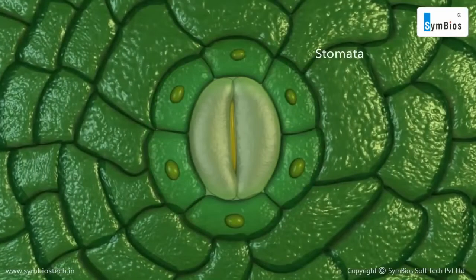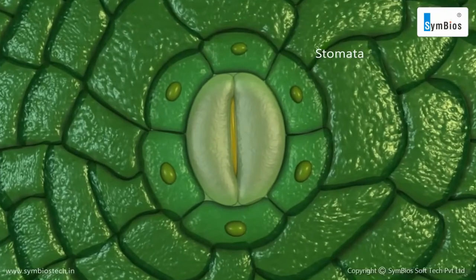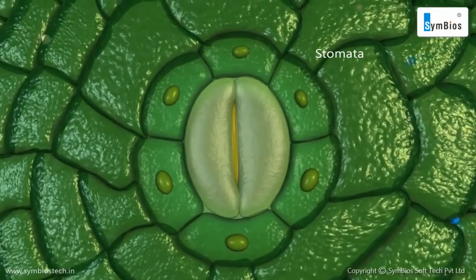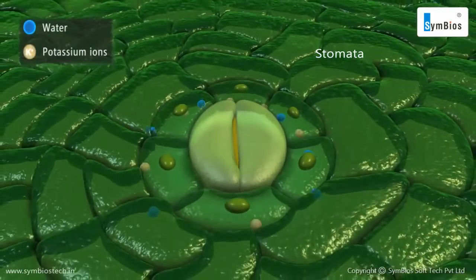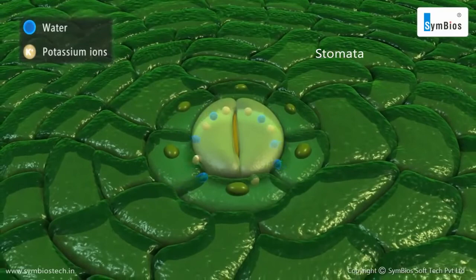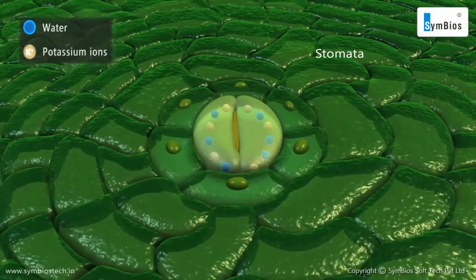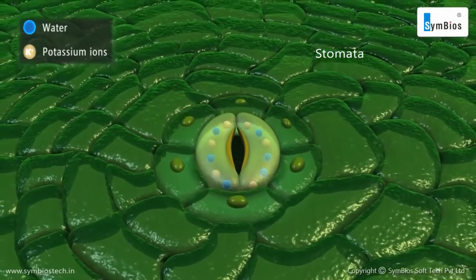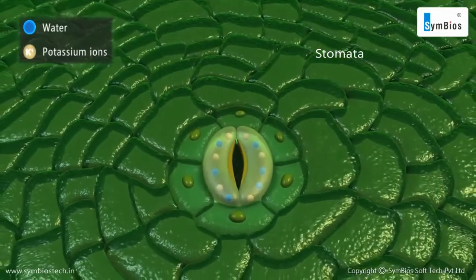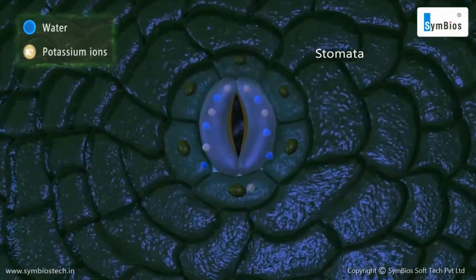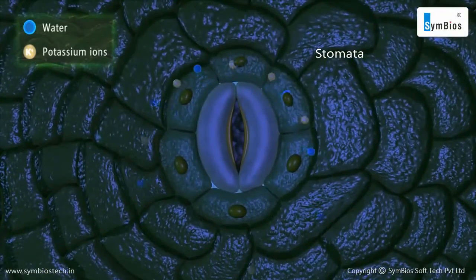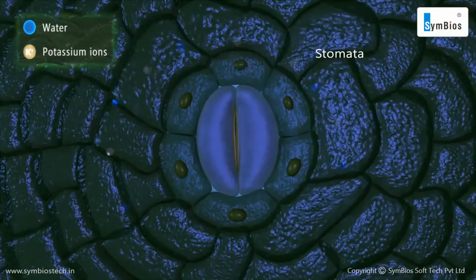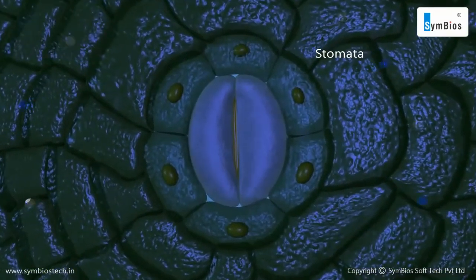If transpiration happens throughout the day, then there will be a great loss of water. This is controlled by the stomatal opening and closing mechanism. During the daytime, water enters into the guard cells along with the potassium ions. This brings about a change in the shape of the guard cells and the stoma opens. During the night, the potassium ions and water molecules leave the guard cells. Thus, the turgidity decreases and the stoma closes.